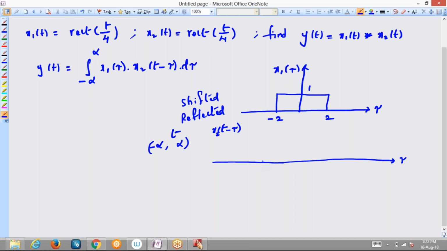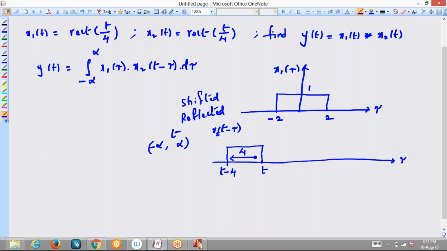So in the first case, let us consider this t as the right edge of x2 of tau. If it is t, the left edge should be t minus 4, because of the width of the pulse, which should be 4.